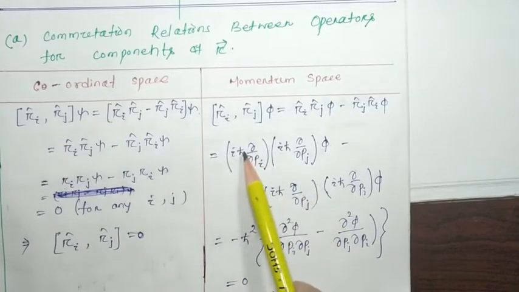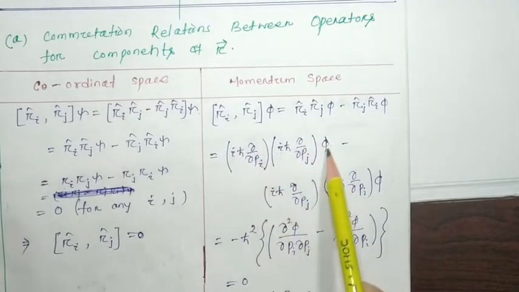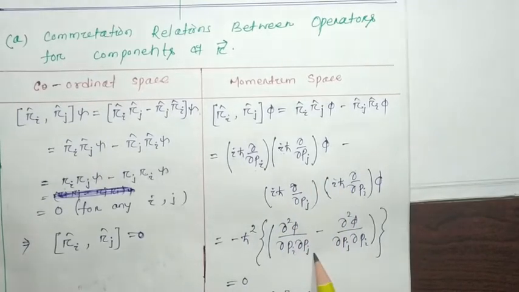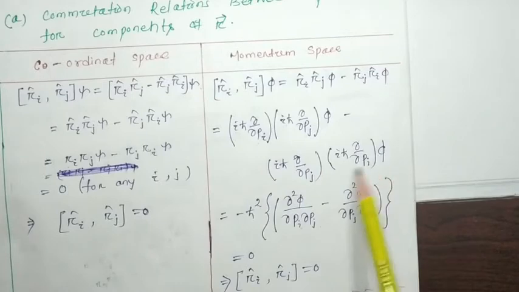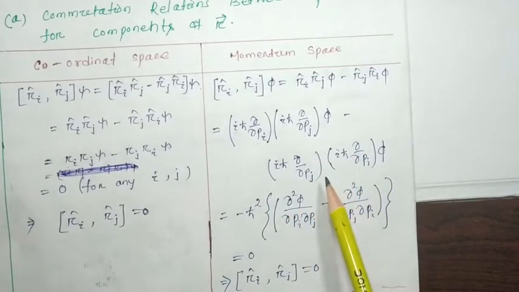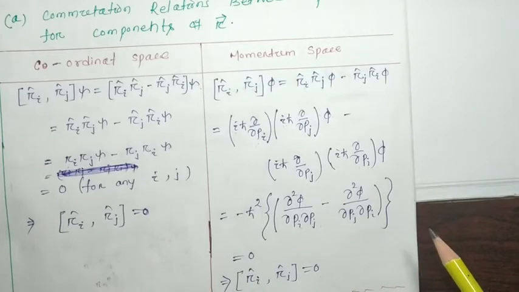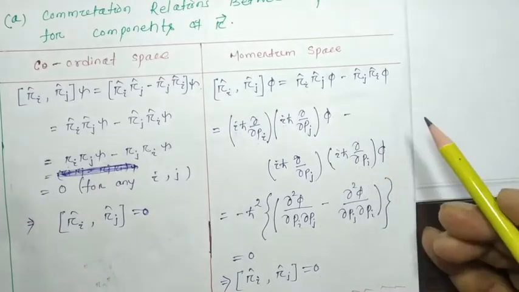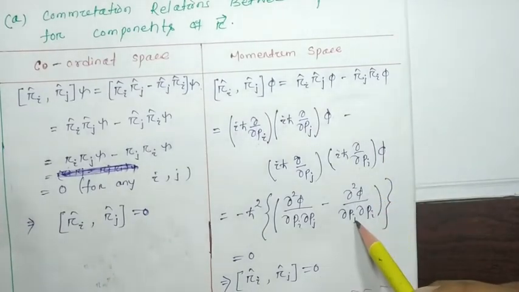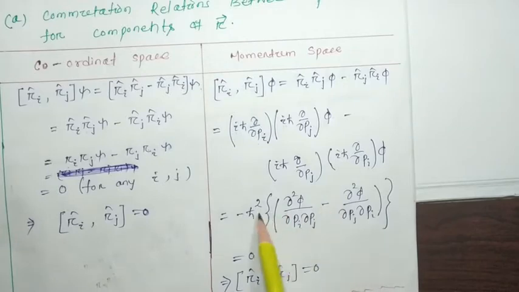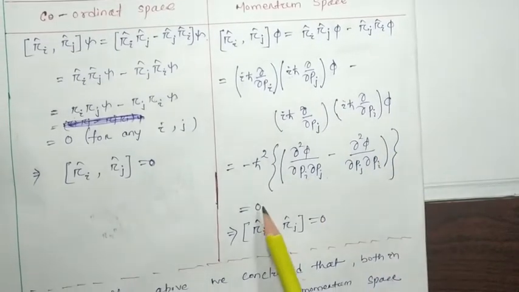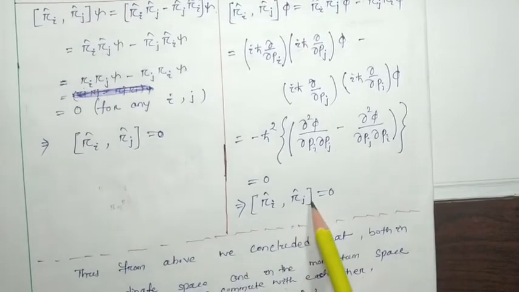So minus h cross squared del squared phi by del p_i del p_j. Similarly, the second term will be minus h cross squared, and since there is a minus, it will be plus del squared phi by del p_j del p_i. But if we take h cross squared outside, then this will be equal to this, and hence it will be equal to 0. So the commutator of R_i cap and R_j cap will be equal to 0.